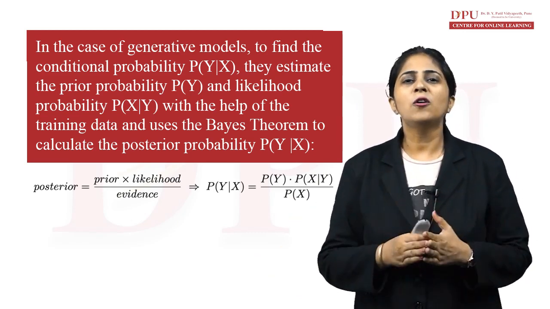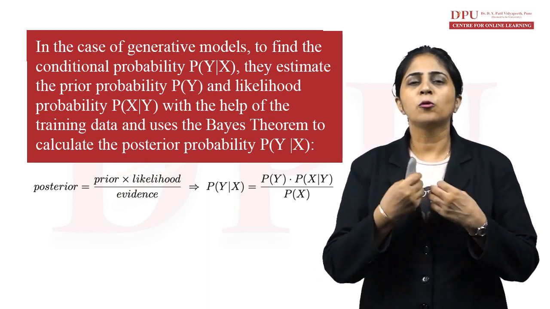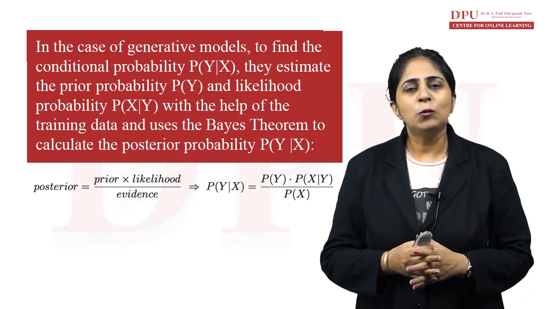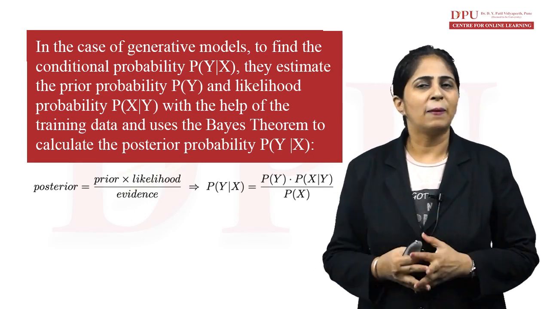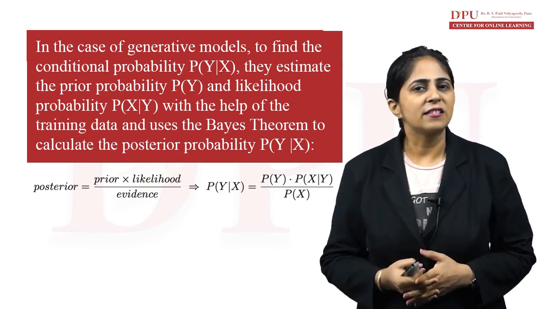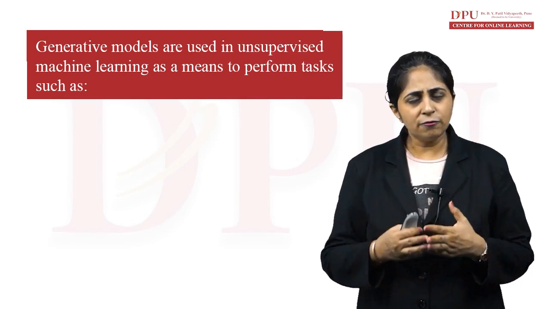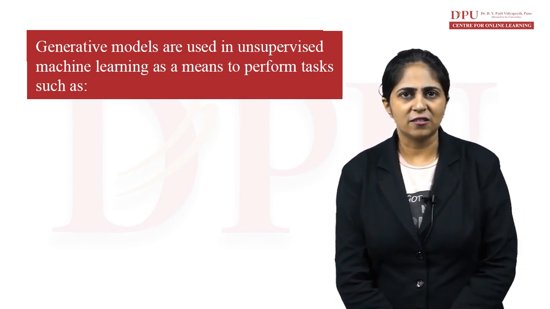So we can write it in terms of probability: p(y|x), that we want to generate for a new image, is equal to p(y) multiplied by p(x|y), divided by the probability of x, that is p(x). So the generative model finds the conditional probability which is p(y|x).